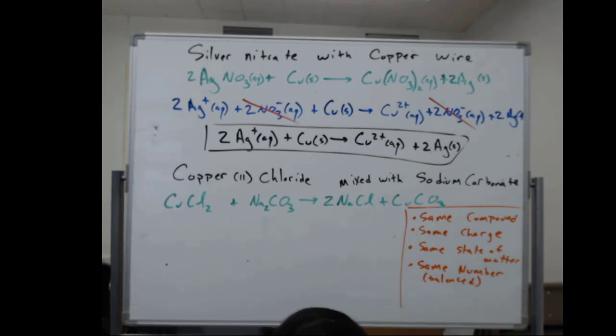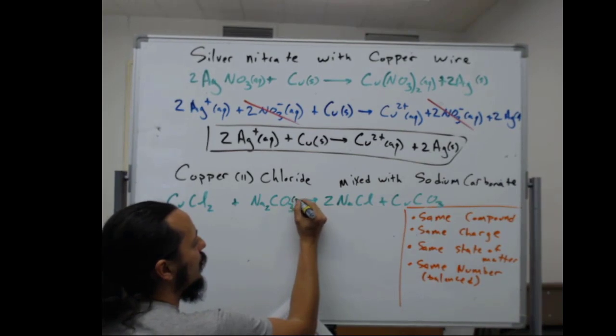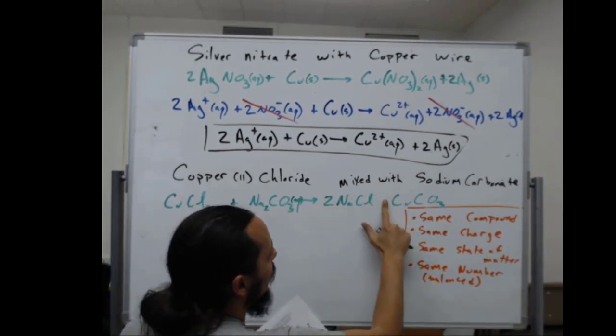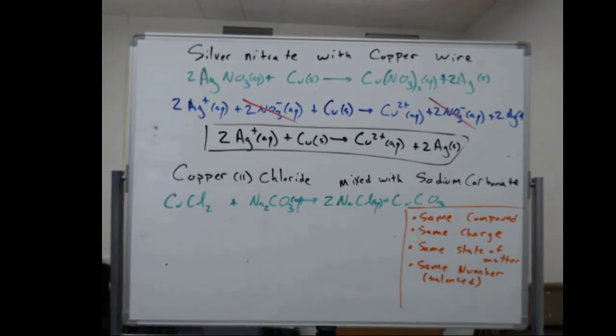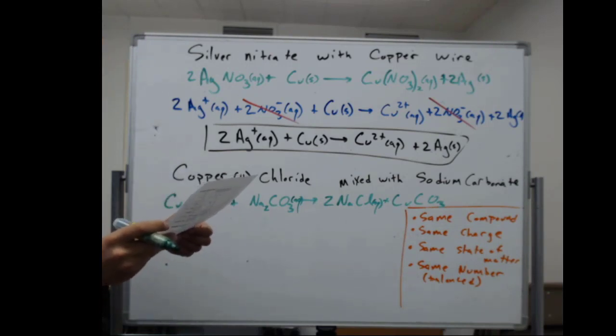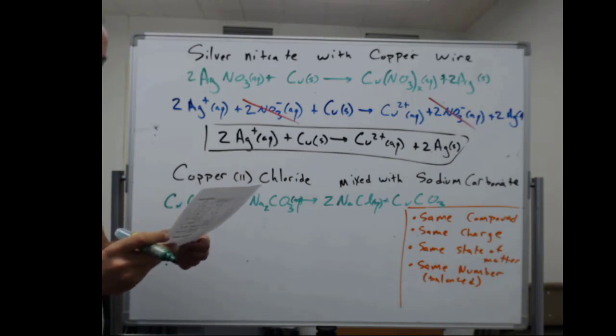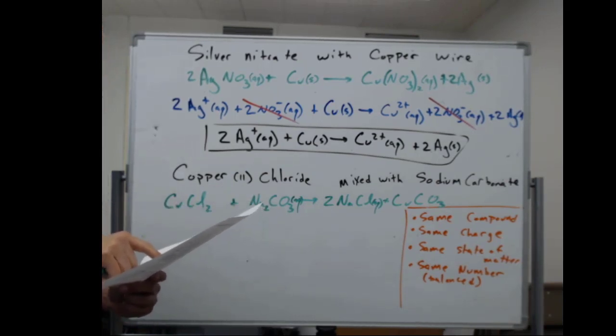To get our states of matter, we're going to have to go over the solubility guidelines. Sodium compounds are always soluble. That's one of the ones that's good to remember, so we'll go ahead and toss aqueous there. Copper chloride is the one that we should check. If you look at the solubility guidelines, you see in soluble rule number 3, chlorine, bromine, and iodine are soluble, except with silver, lead, copper +1, and mercury +1.